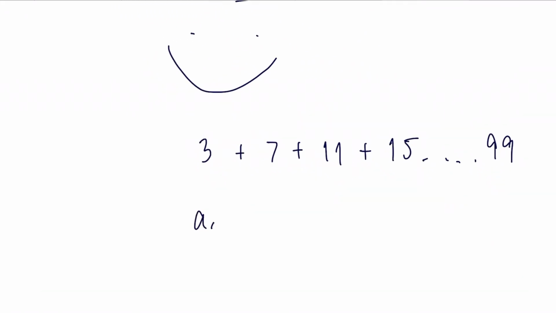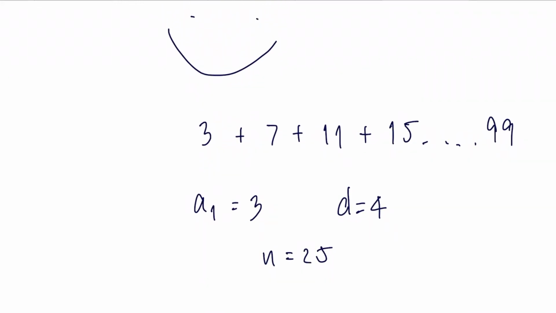So, the first term is 3, and as you can see, the numbers keep adding by 4. So d is 4, and to find n, you need to use the explicit formula for an arithmetic sequence. But in this case, n is 25. So, let's plug in all the factors.